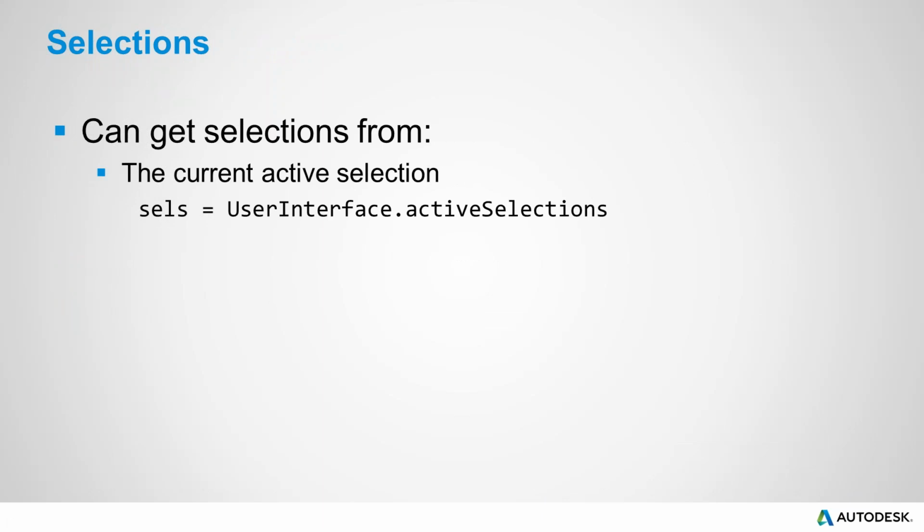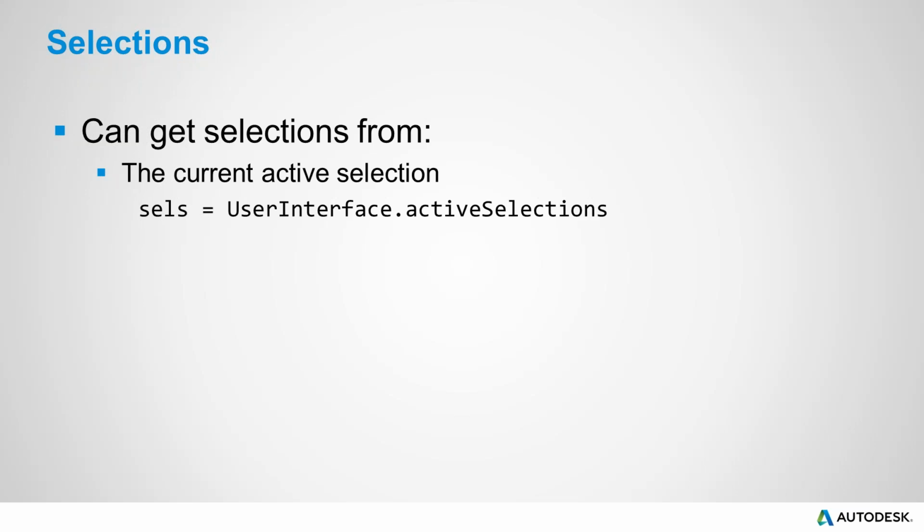Selections. Frequently in your programs you'll need some input from the user, so you're going to ask them to select something, and there are a few ways to get selections, and we'll go into a couple in more detail on Thursday when we talk about commands. One of the ways is I can get whatever is currently selected when the user runs my script.